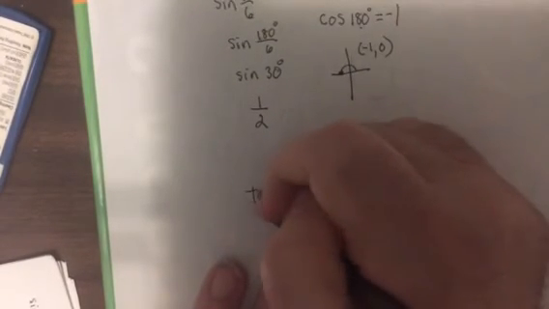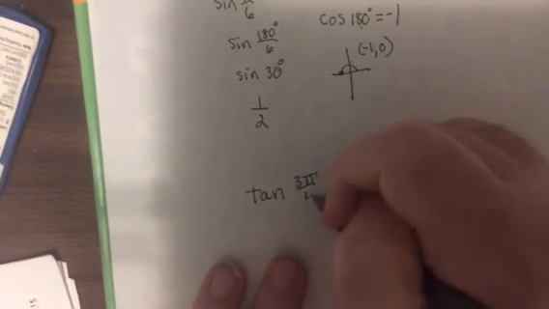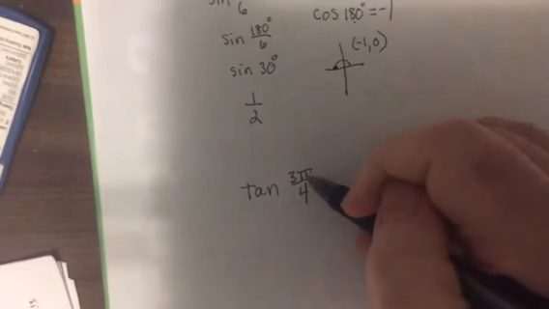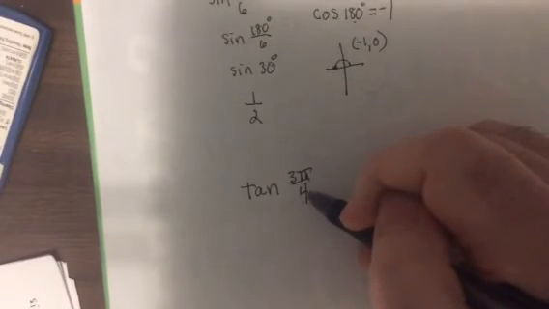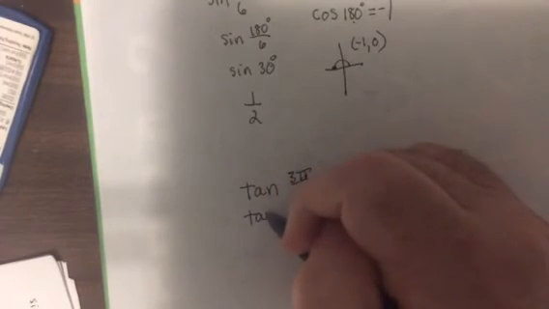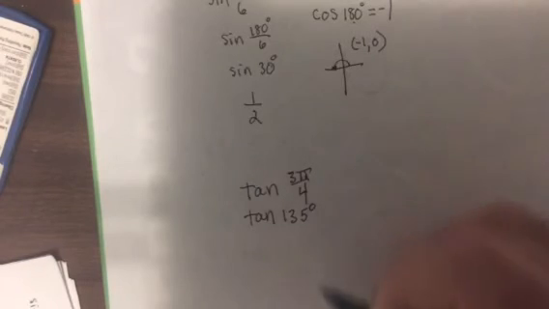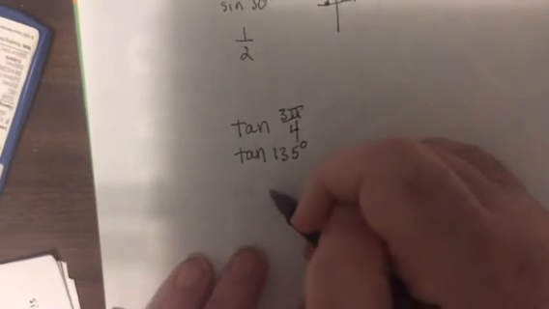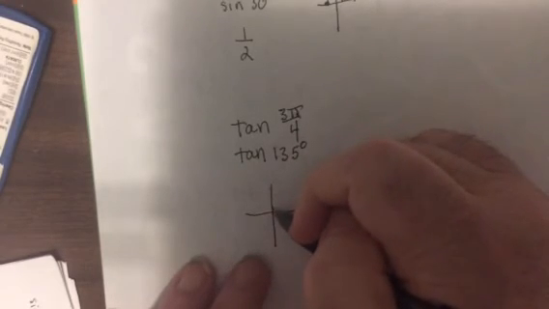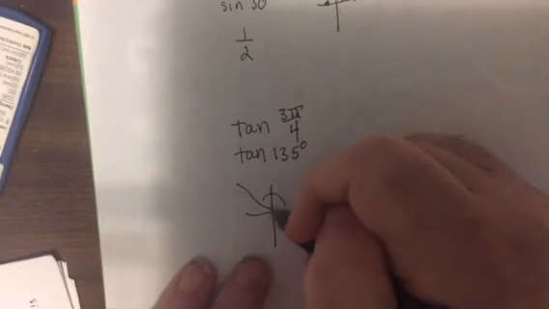So if I ask, what's the tangent of 3 pi over 4? Well, pi is 180. Divided by 4, that's 45. Times 3 is 135. So we need to do reference angles. It's not a multiple of 90. So here's 135.